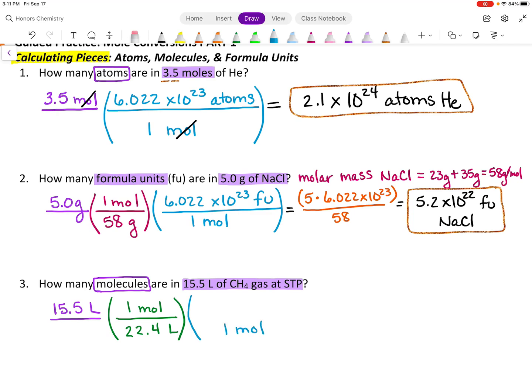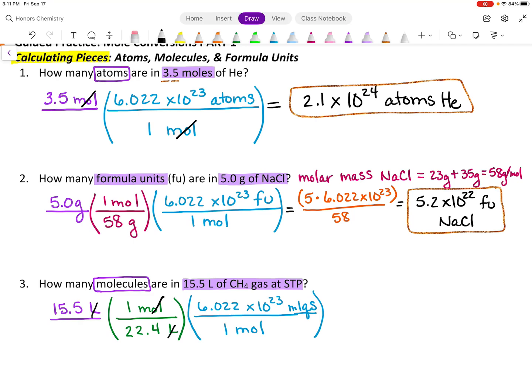So for every 1 mole, there are 6.022 times 10 to the 23rd molecules. Getting ahead of myself here. MLQS is what I use for molecules. I know my Q's are always a little goofy.